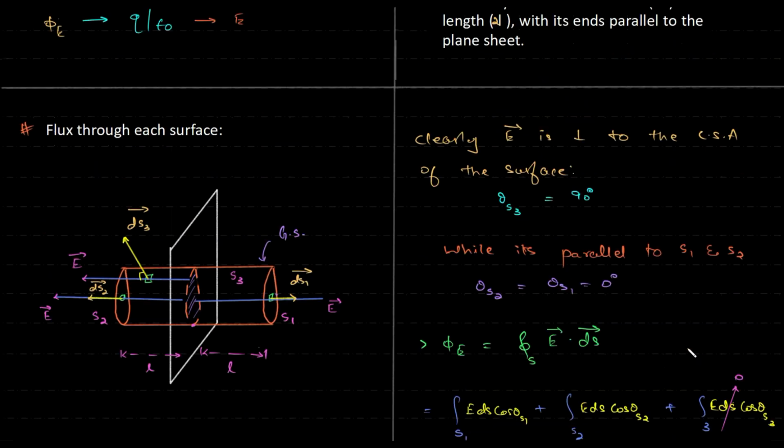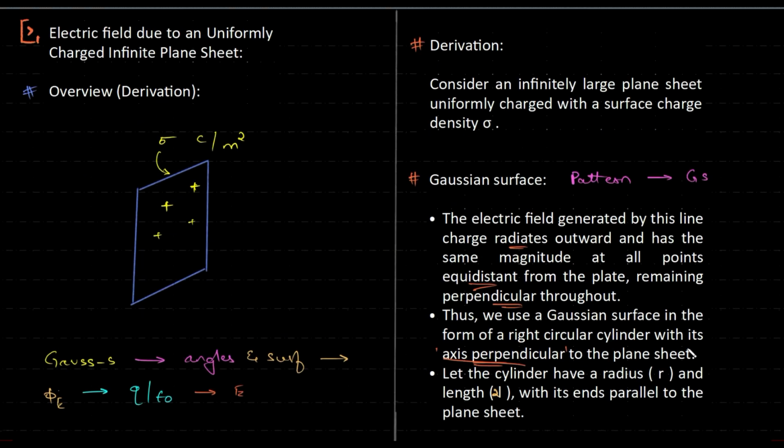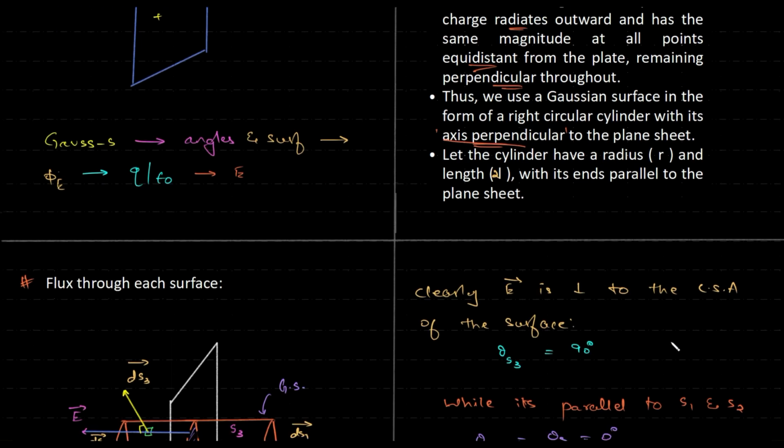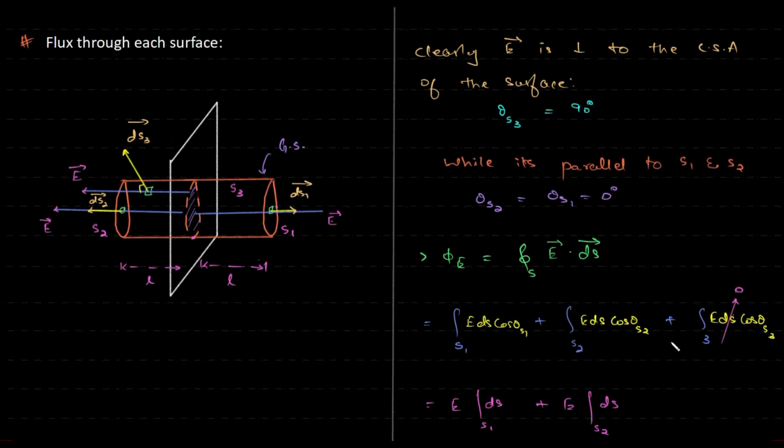Okay, what did we do? Same funda. We know the pattern of field because we know the forces and how they cancel each other. So we can predict how the pattern of the electrical field lines is. With that, we'll decide on the Gaussian surface. So we decided it to be a cylinder whose radius is r and length is 2l and all of that. The length will not matter because we didn't get a chance to use it in the derivation, to be honest.